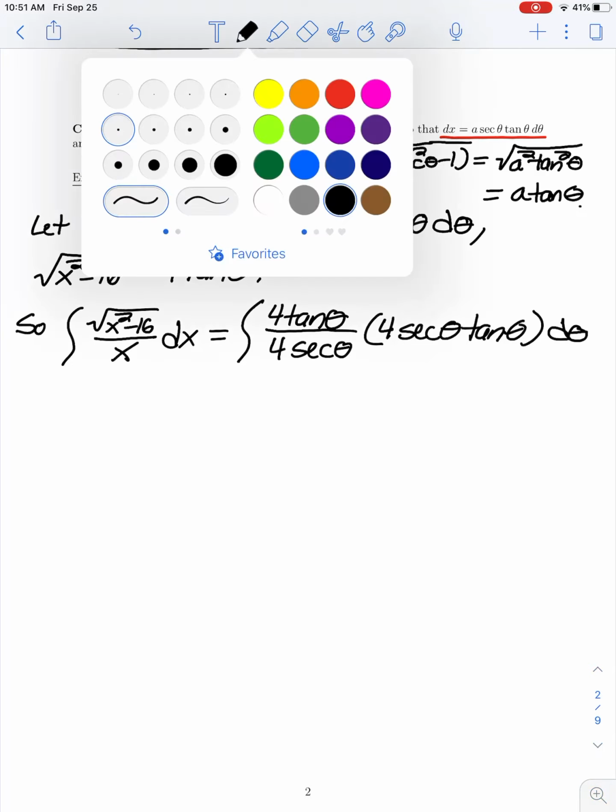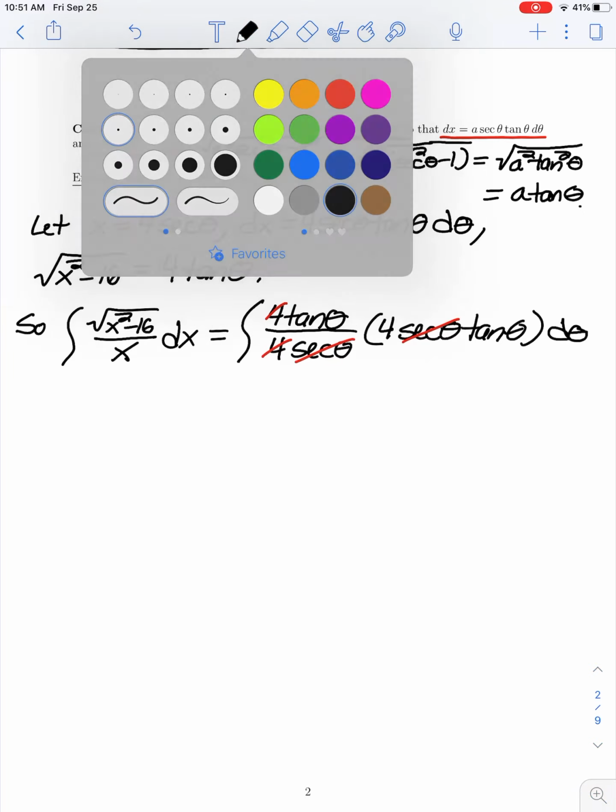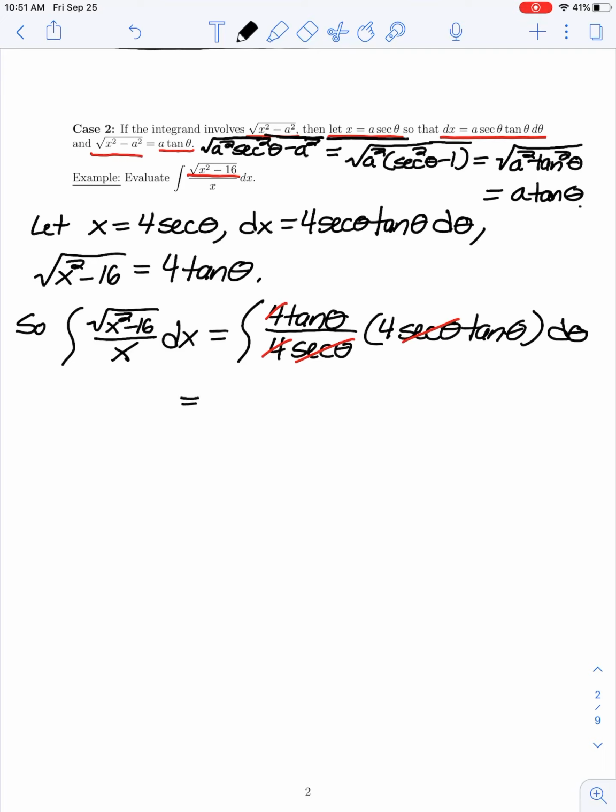So we see a few terms will cancel here. We can cancel a factor of 4 in the numerator and denominator, as well as one factor of secant theta. And so we're left with 4, which I can bring out in front of the integral, times tangent squared theta d theta.